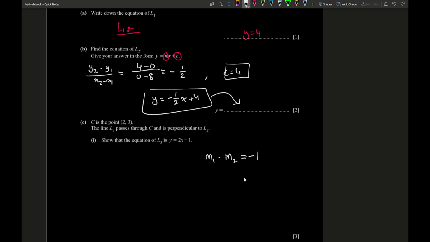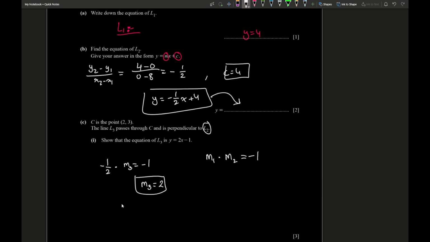Okay. So the gradient of the first line, which is L2, is negative half, and the gradient of line 3, so we write m3, multiplied by it is equal to negative 1. We can then just divide by negative half from both sides to find m3, which is equal to 2. That's it.